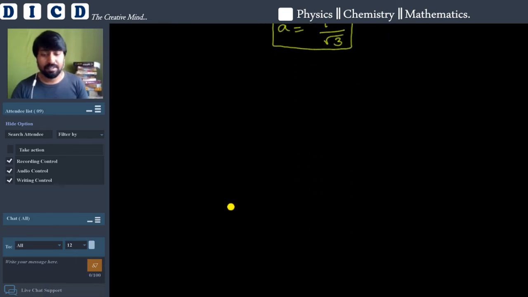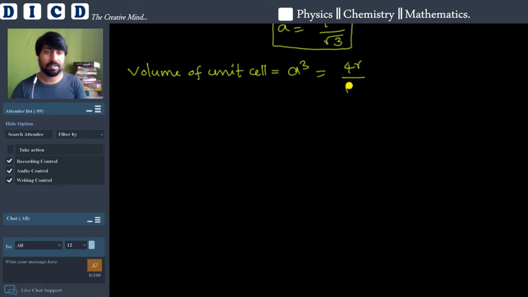Now the volume of the unit cell is given by A cube, but A is given by 4R divided by square root of 3. Therefore (4R divided by square root of 3) cube. This is the volume of the unit cell.